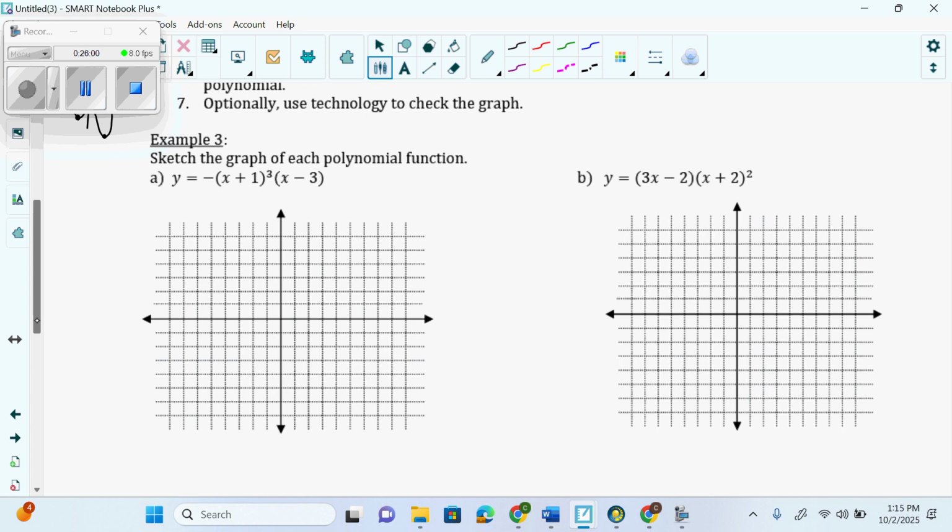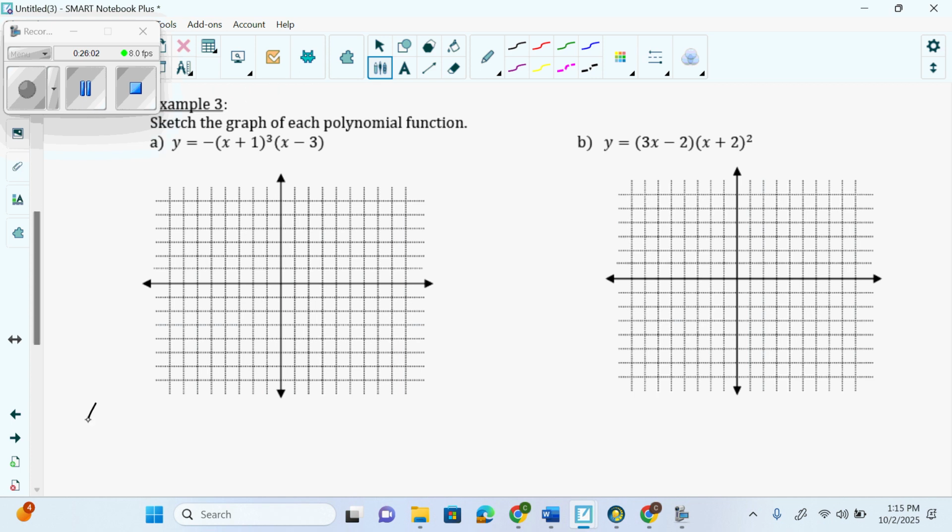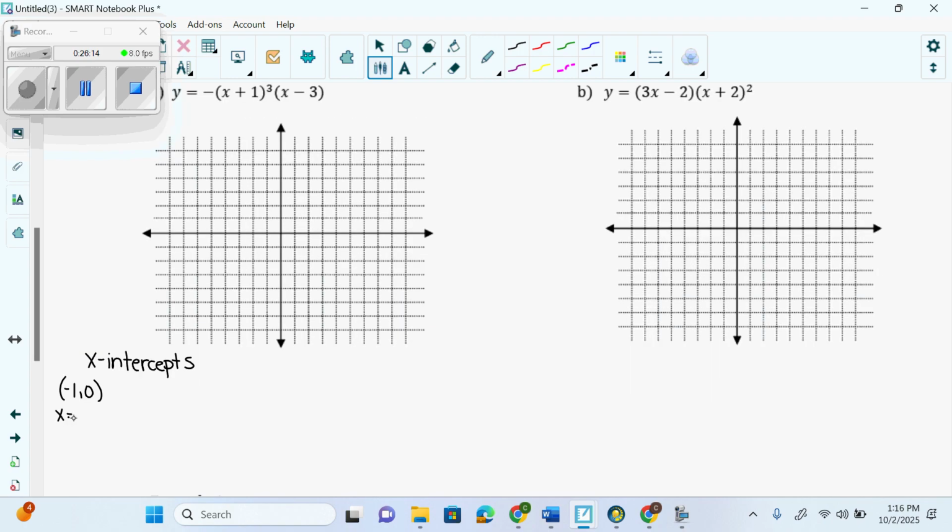So, let's go here. Before we graph anything, we're going to put down things we know. What are our x-intercepts? Negative 1 and 0, or x equals negative 1, what? Multiplicity 3. What does that tell me at this point I'm going to have? A point of inflection, not Inception. That is a movie.